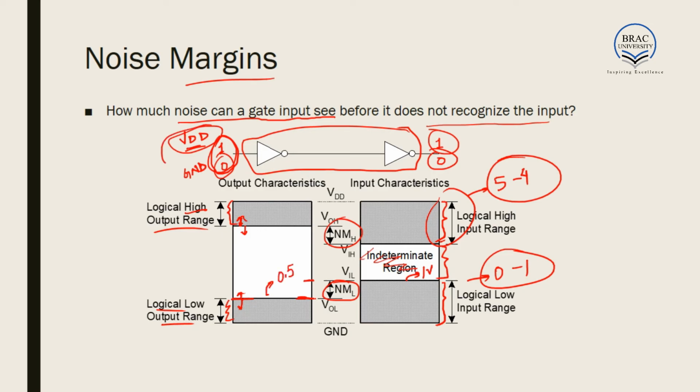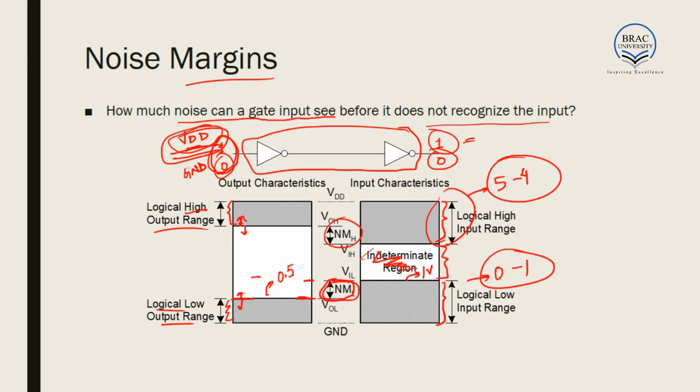If it sees an input of 1 volt, it will give an output of 0.5 volts; it will consider 1 volt as low input, and the output of 0.5 volts will be considered low. If the output is 1 volt, we will not consider it as low output. Again, if the input is 1.5 volts, we will not consider it as low input. It will reach the intermediate region. So this difference is called the low end noise margin.